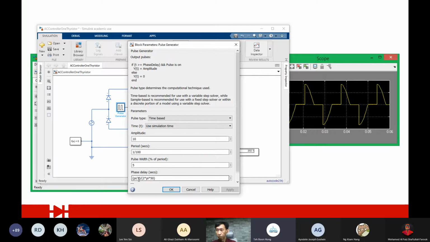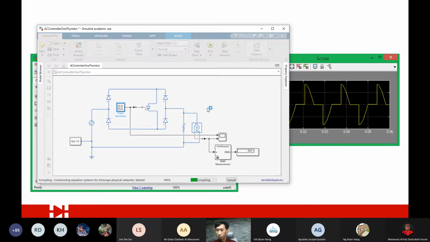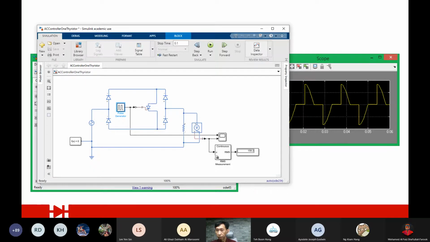So if mine only cuts at half? If you want to cut half, it's 90 degrees. Oh, because in my case it's a bit weird, I posted in the chat box there. How come yours is so strange? Oh, yeah, Table Hong, right? Yeah, correct.